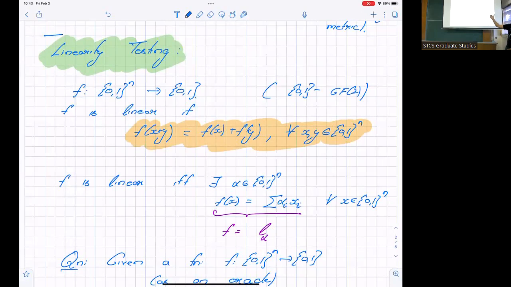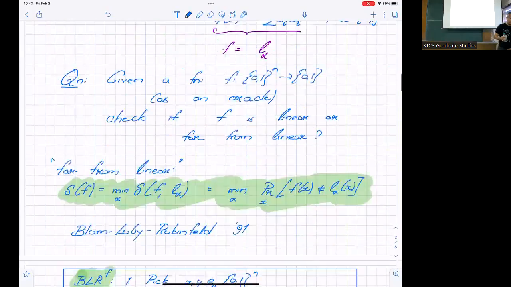Is this a robust definition of linearity for a homomorphism? For our PCP application, it's fine to give whichever test. But if you just look at homomorphism testing or linearity testing, this is asking whether this definition is a robust definition. In that sense, it's better to stick to this object.